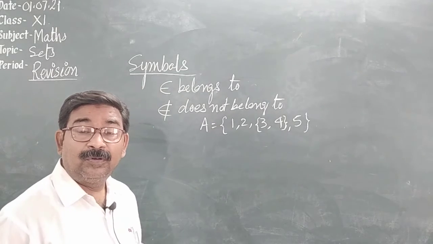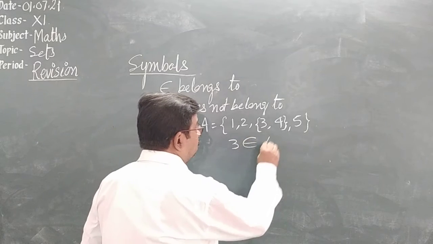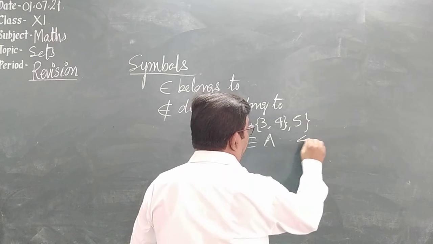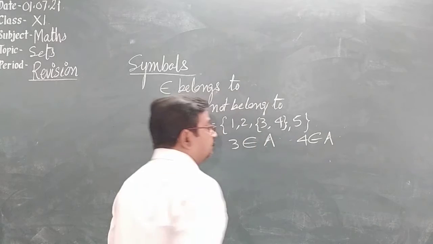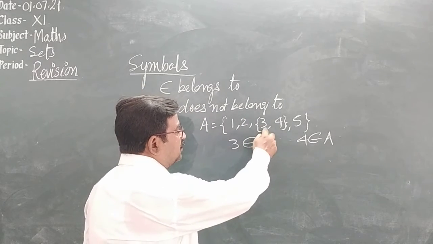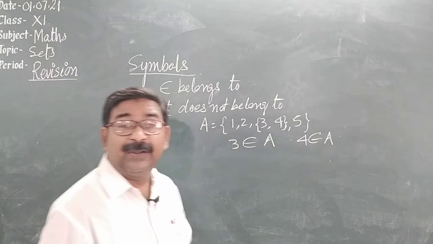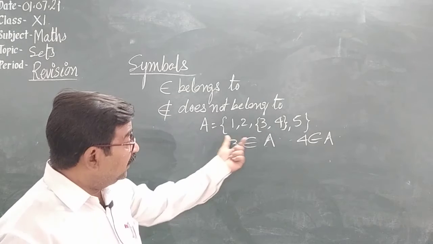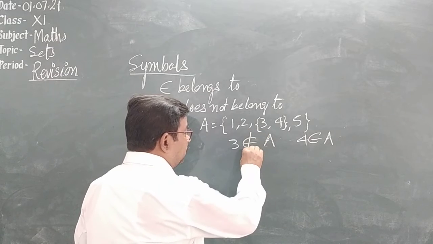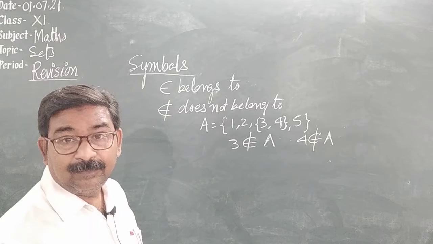Now the question is whether 3 belongs to A, or 4 belongs to A. Clearly 3 is not a single element of the set, and 4 is not a single element of the set. 3 and 4 are combined elements. So 3 does not belong to A, 4 does not belong to A.